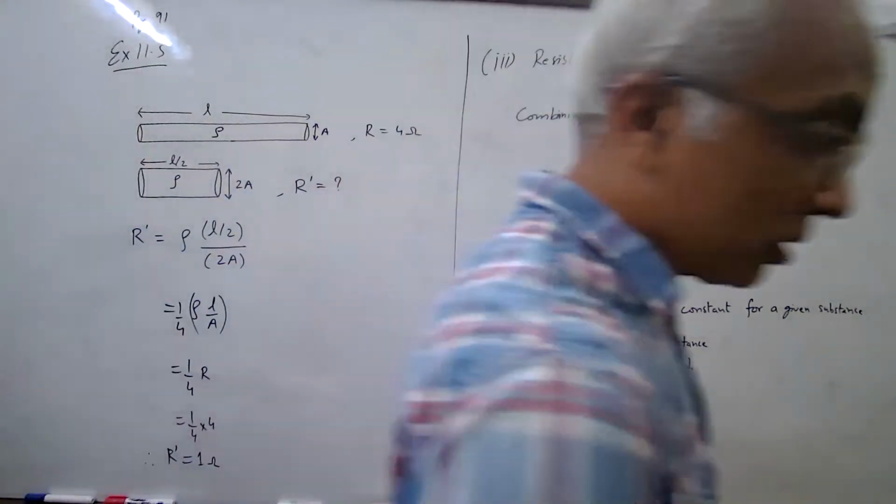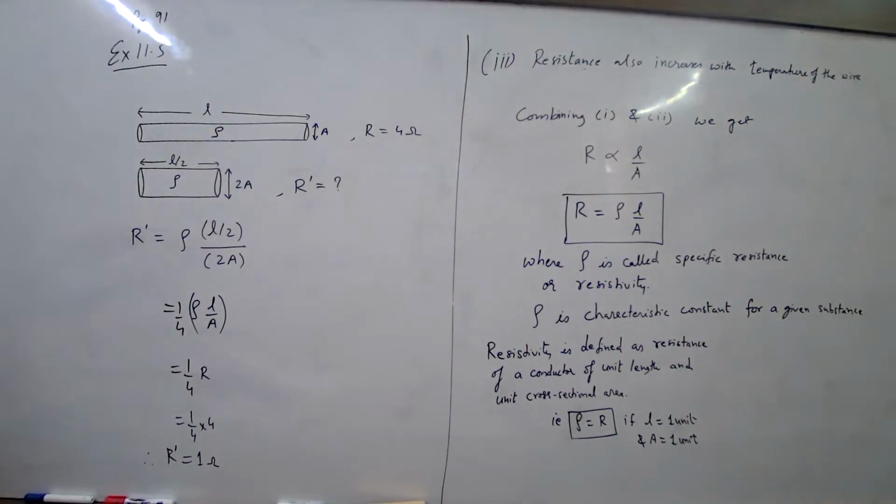So whenever you reduce the length of the wire by half and double its area, then what happens to its resistance? It becomes 1/4. Look here.